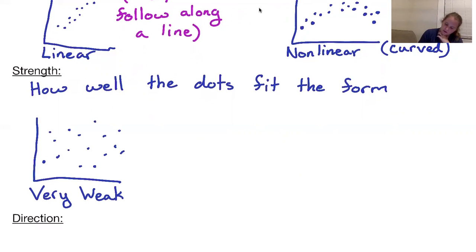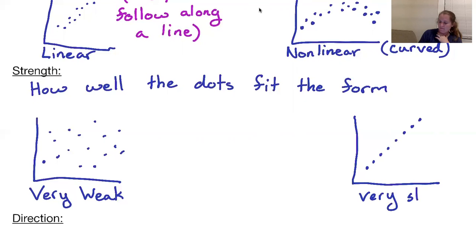A very strong scatter plot, the pattern is exact, or very close to exact. So this is a very strong scatter plot. That linear form is very obvious.